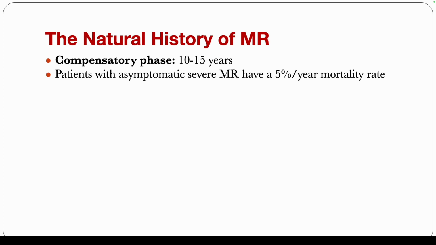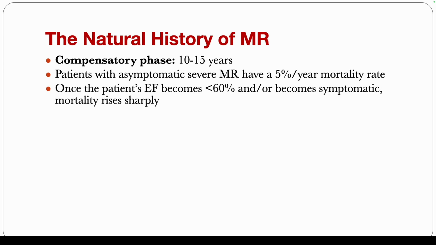Patients with asymptomatic severe MR have a 5% per year mortality rate. Once the patient's ejection fraction becomes less than 60% or the patient becomes symptomatic, mortality sharply rises. So the patient can have an abrupt decrease in their life. So mortality increases abruptly.